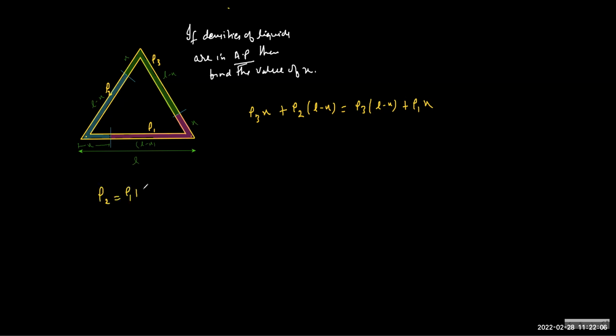Yes. So now we can write that rho 2 is the average of the two, because it's an arithmetic mean. So we can write like this. And what you're supposed to do is just substitute the rho 2 value in the first equation. So let's call them equation 1 and 2.